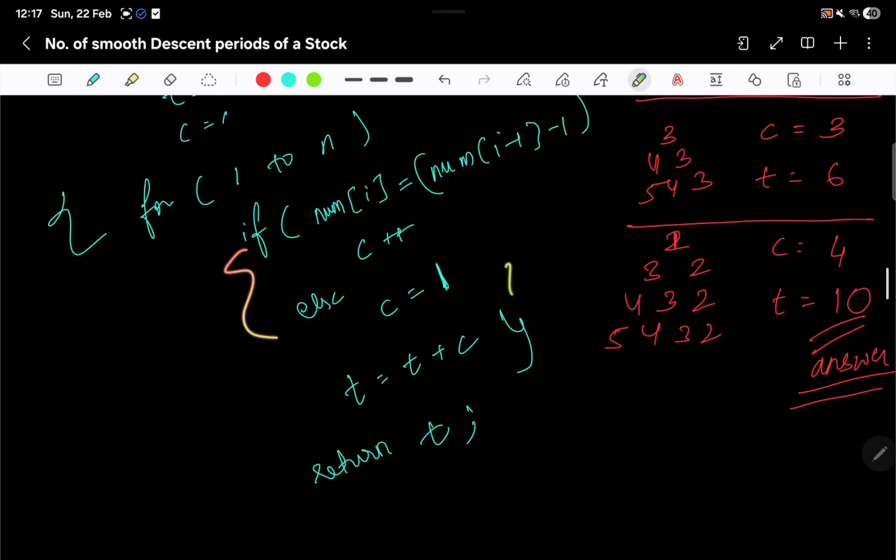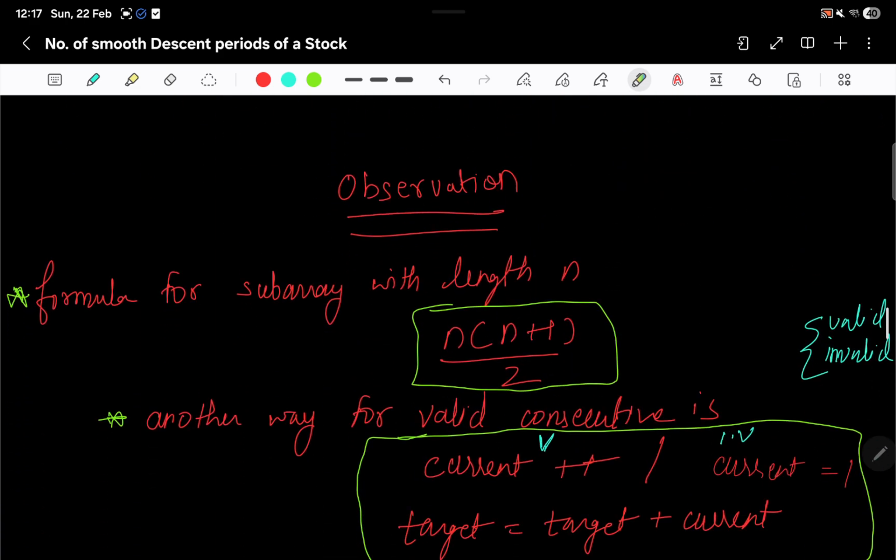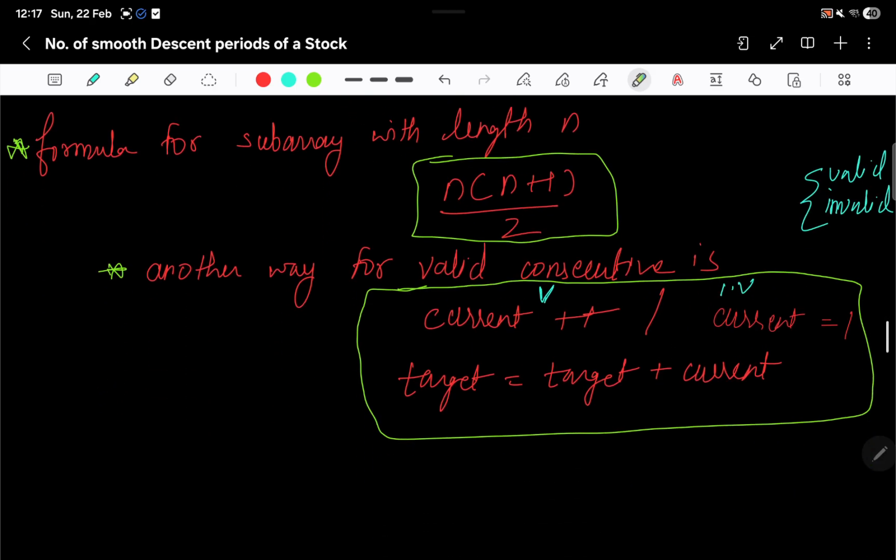So going to the observation here, the formula for a subarray with length n is n into n plus 1 by 2. Another way for finding a valid consecutive subarray is this: current increment and then target equal to target plus current. If it is a valid scenario. If it is an invalid scenario, we'll just do current equal to 1.